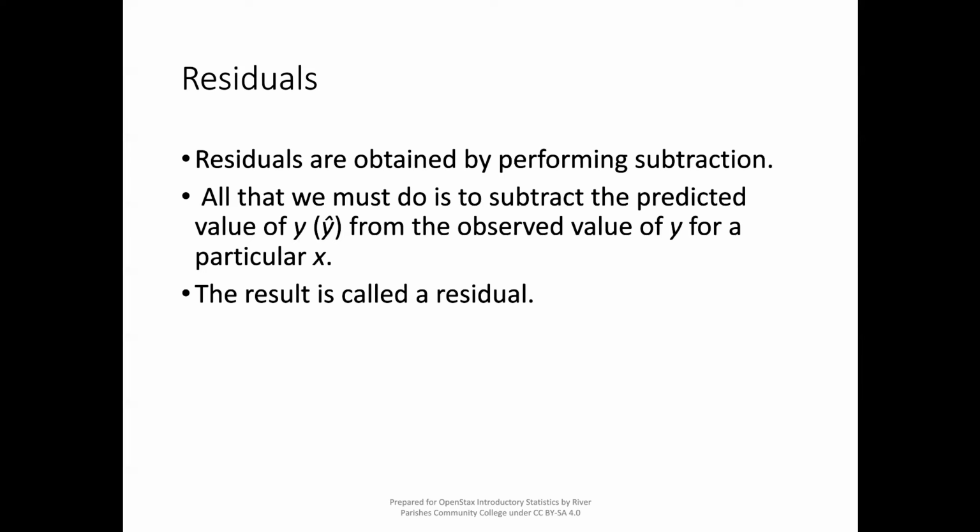That may not be the x and y ordered pair you collected. So residuals are obtained by performing subtractions. All that we must do is subtract the predicted value y hat from the observed value y for a particular x. The result is a residual.